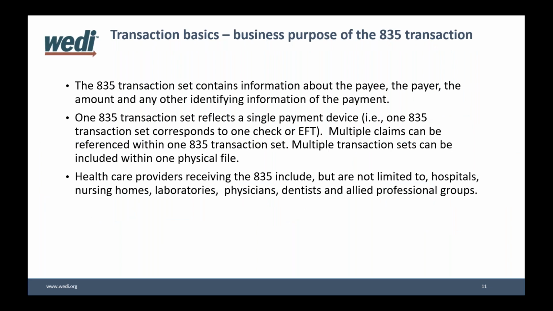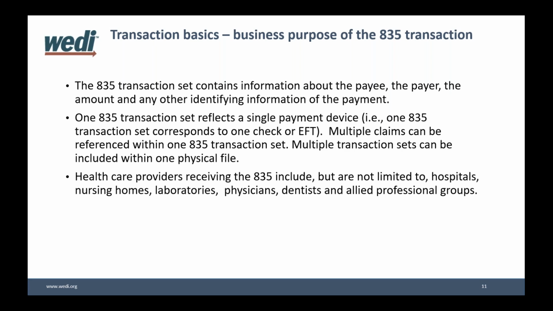So about this 835 transaction and the business function it fulfills. The 835 transaction set contains information about the payee, the payer, the amount, and other information about the payment itself. So one thing to remember is that one 835 transaction set applies to a single payment.